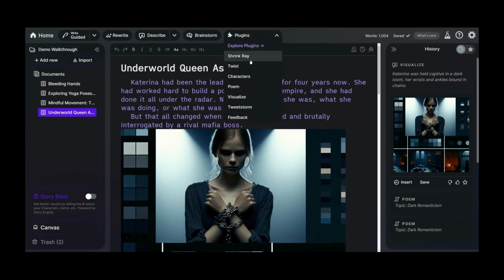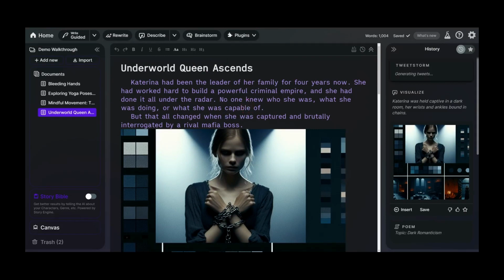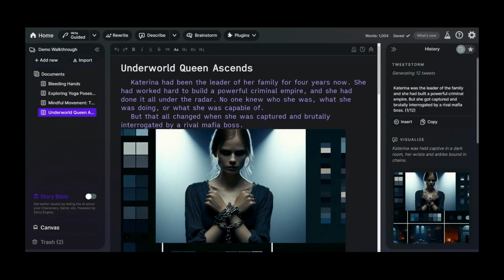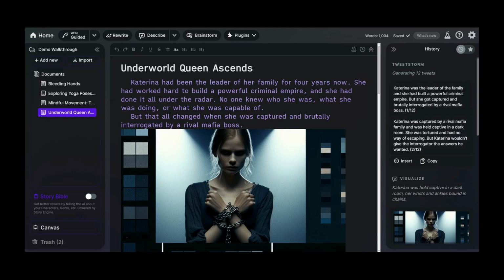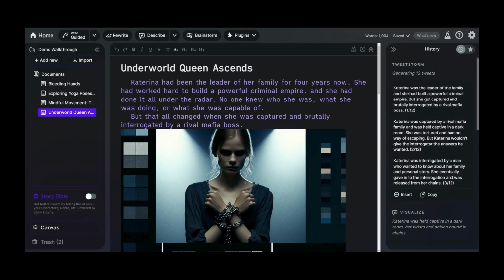All right. Tweet storm. And we see Katerina was the leader of the family. She had built a powerful criminal empire. She got captured and brutally interrogated.